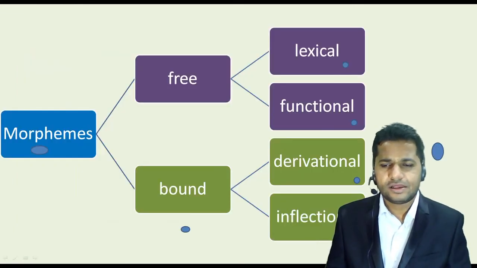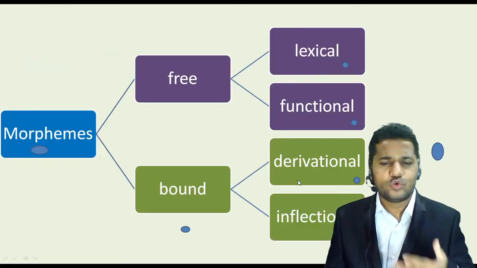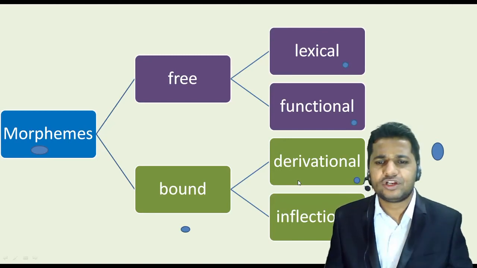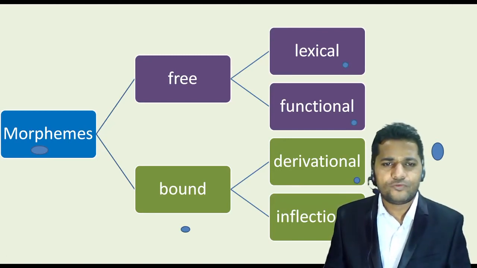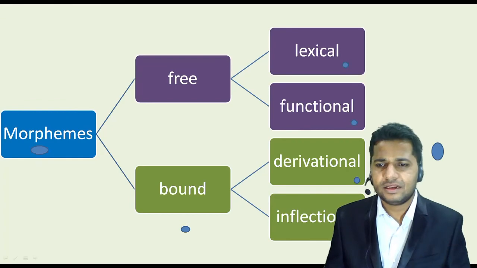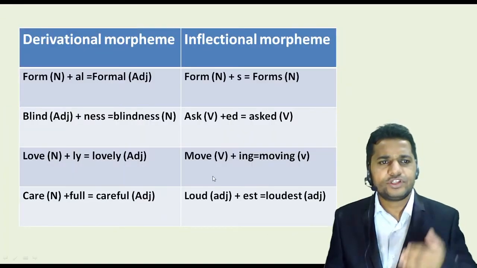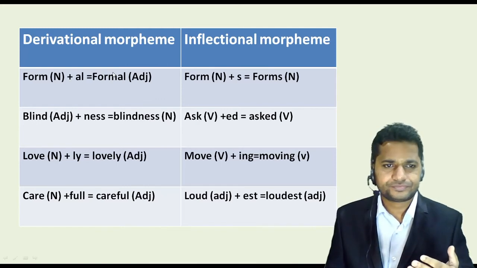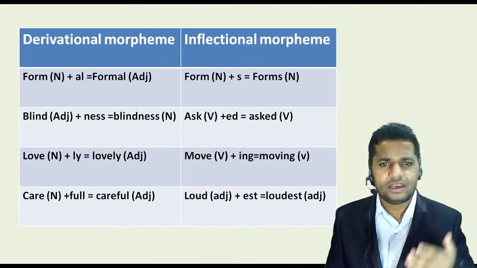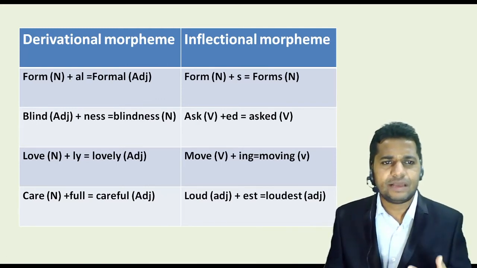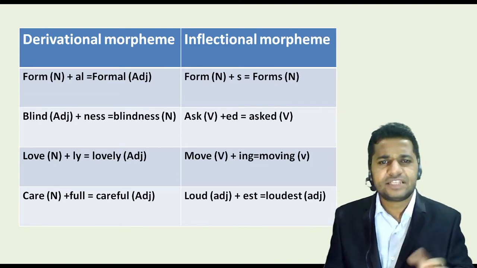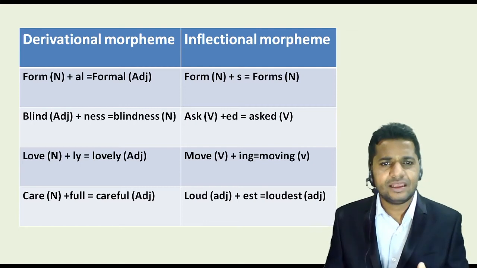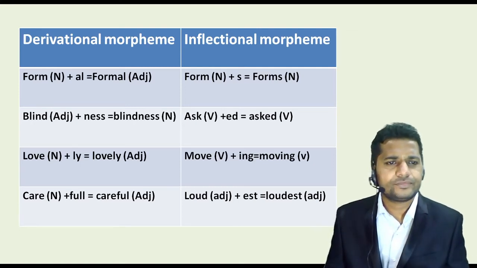Next part, just to understand the difference between derivational and inflectional morphemes, I've got one exercise here. I've already told you about it when I was discussing these two terms separately, but now as they are side by side, it will be very easy for us to understand them by comparing them with each other.